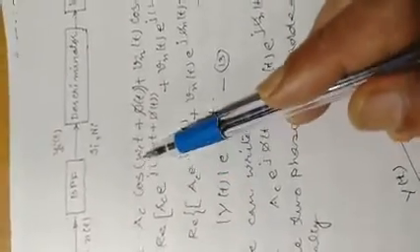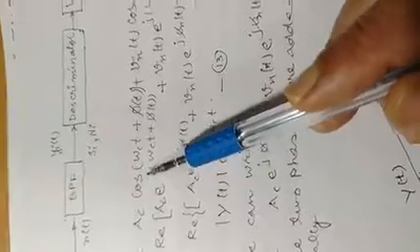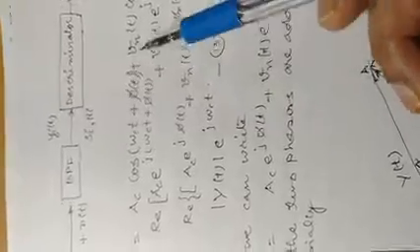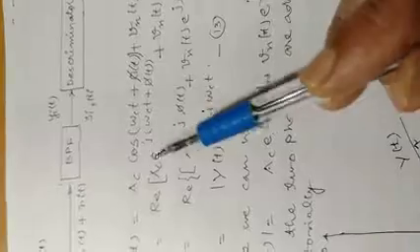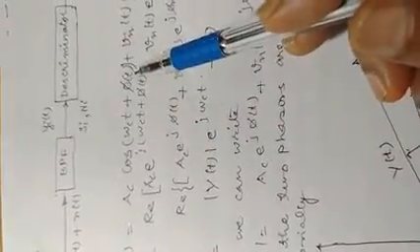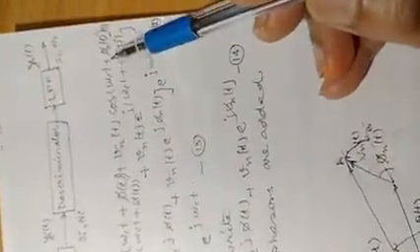These are the real parts, as we know that e to the power j theta is equal to cos theta plus j sin theta. So j sin theta is the imaginary part, and cos theta is the real part. Likewise, A_C cos(omega_c t plus phi of t) is the real part of this function, and V_n of t cos(omega_c t plus phi_n of t) is the real part of this function.